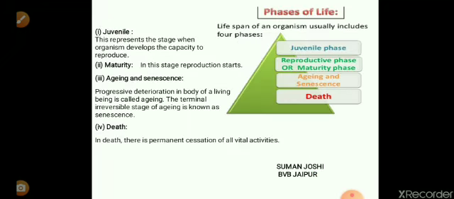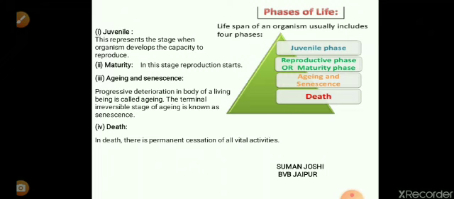Now we will move to the phases of lifespan. Lifespan has 4 phases. The first phase is juvenile phase, of course, where the organism develops the capacity to reproduce. It attains sexual maturity. The second phase is the maturity, that is, it attains the reproductive capacity.